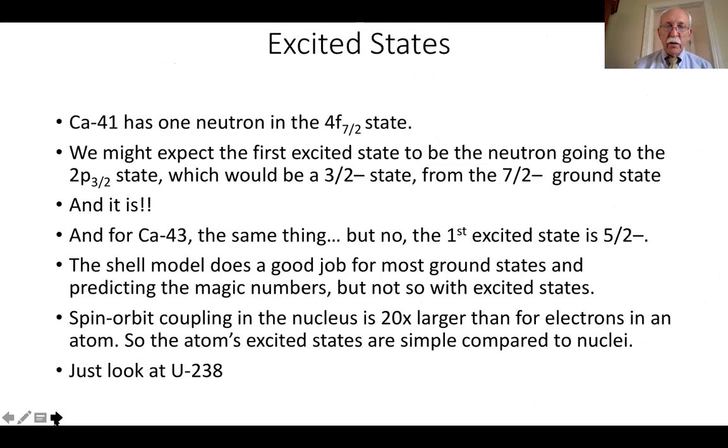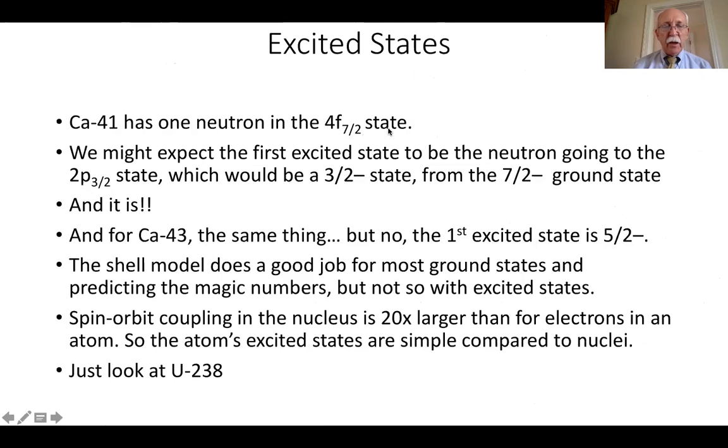So the point here is that there's quite a bit going on in these decay processes, that there are many different types of excited states, and those excited states are not easily understood from the shell model. For instance, calcium-41, its one neutron is in the 4f7 halves state.